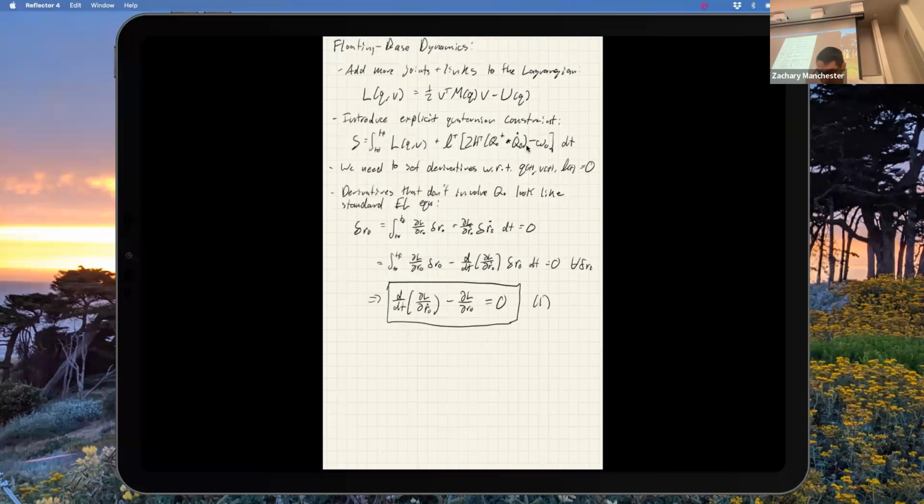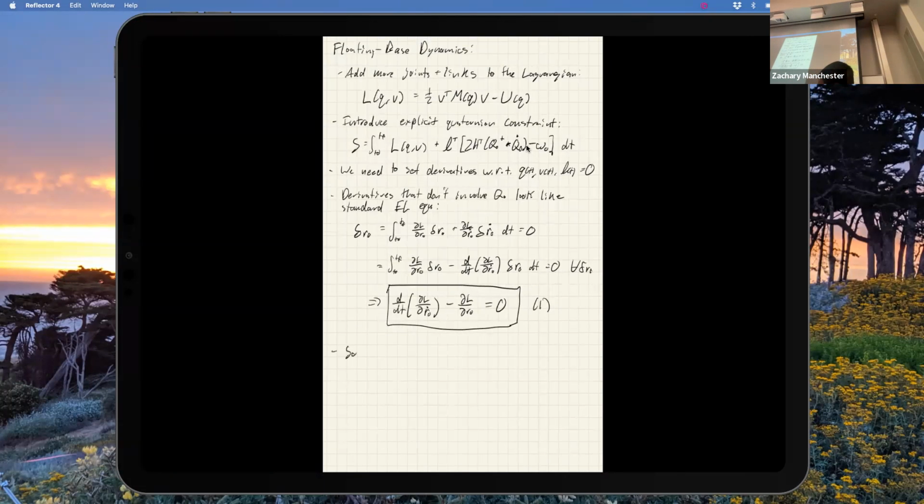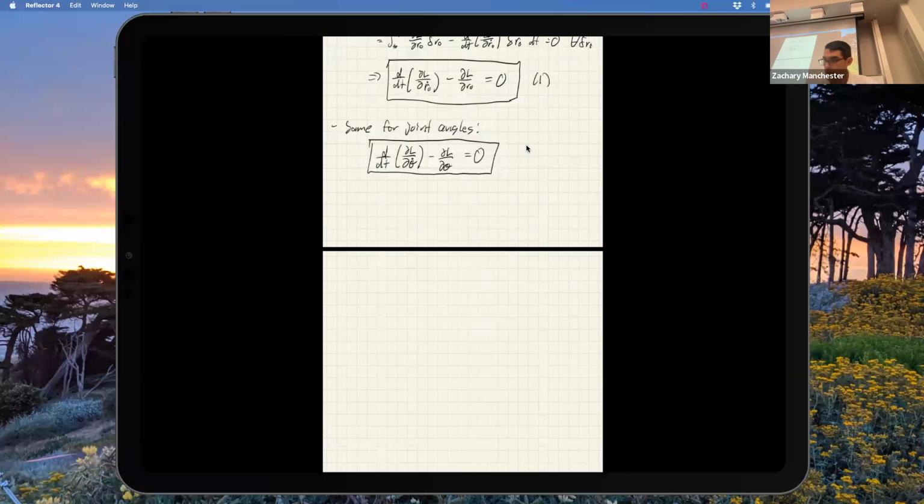Then we can do the exact same thing for the joint angles. Looks exactly the same. We get the same Euler-Lagrange looking thing in terms of those. Nothing changes. We can do the omega, which is similarly easy to what we saw in the rigid body case. The answer is just slightly different.